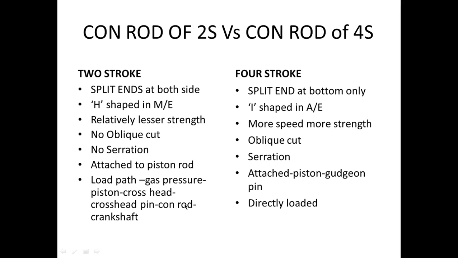It is not so significant that it will affect the con rod bottom. Also, it maintains engine alignment, so there is no need of serration, as serration functions to align and take the direct load of the piston, provide additional surface for load, and prevent this load from transferring to the bolts, as done in a four-stroke engine.